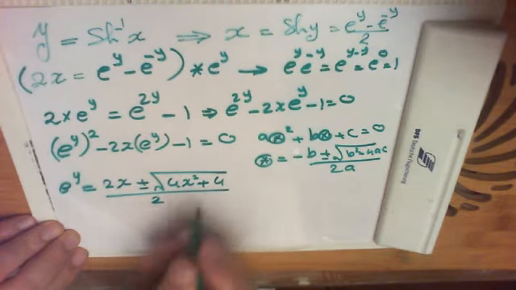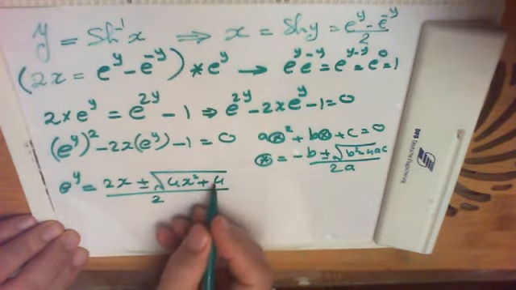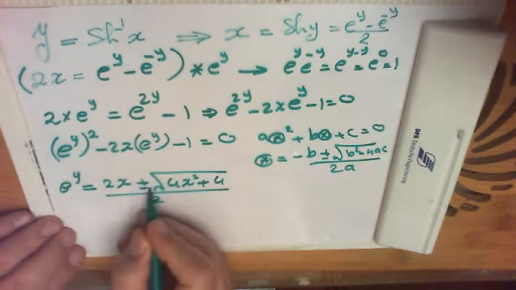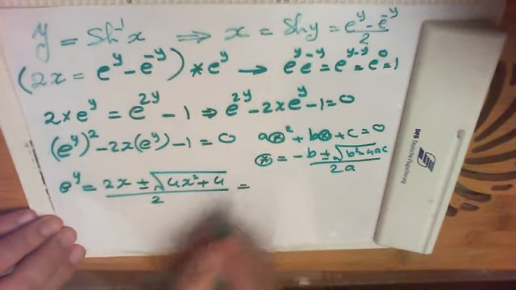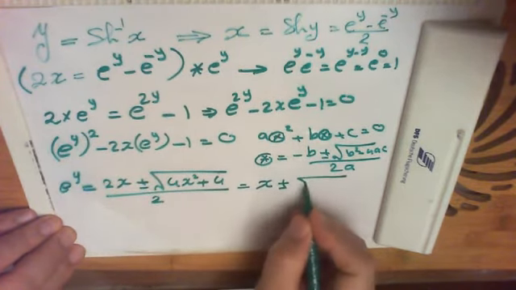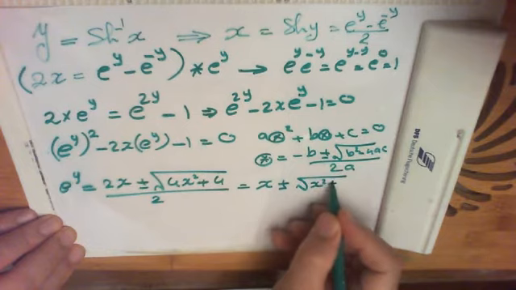Take care of this quantity. We can take 4 as a common factor, which will come out of the root as 2. So we can divide all by 2 to have x plus or minus the square root of x squared plus 1.